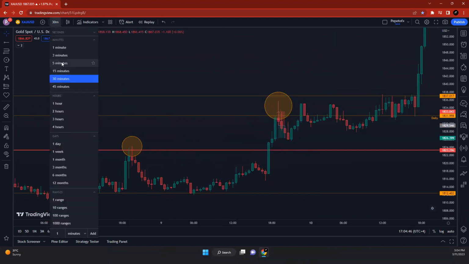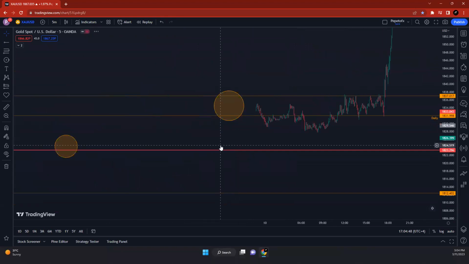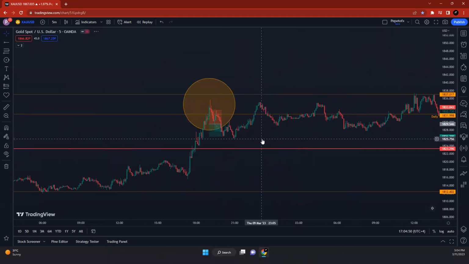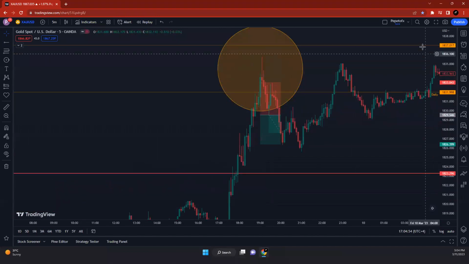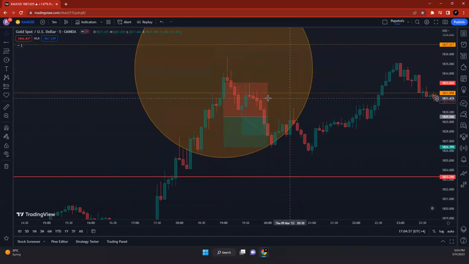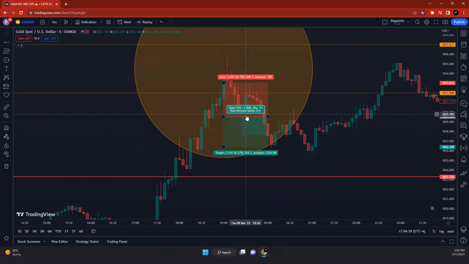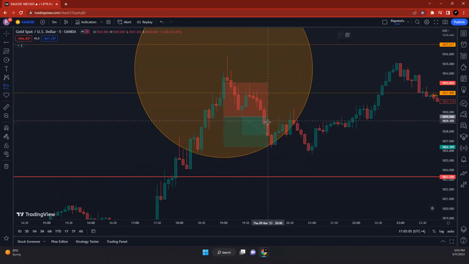Now we'll open. Okay, here, but see, on reverse, like on this one, on 5 minutes, when I enter here, short, this one.